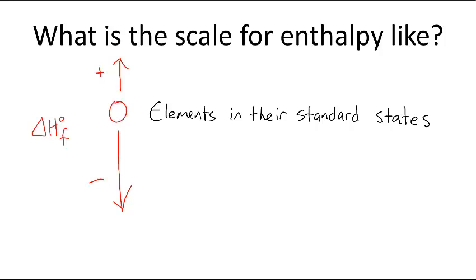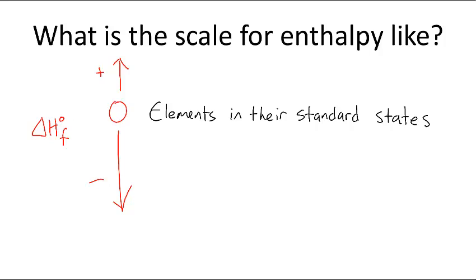I did make the positive arrow smaller purposely. Most compounds that you're likely to run into, most compounds you're familiar with, would lie on which side? Probably the negative side. Why?